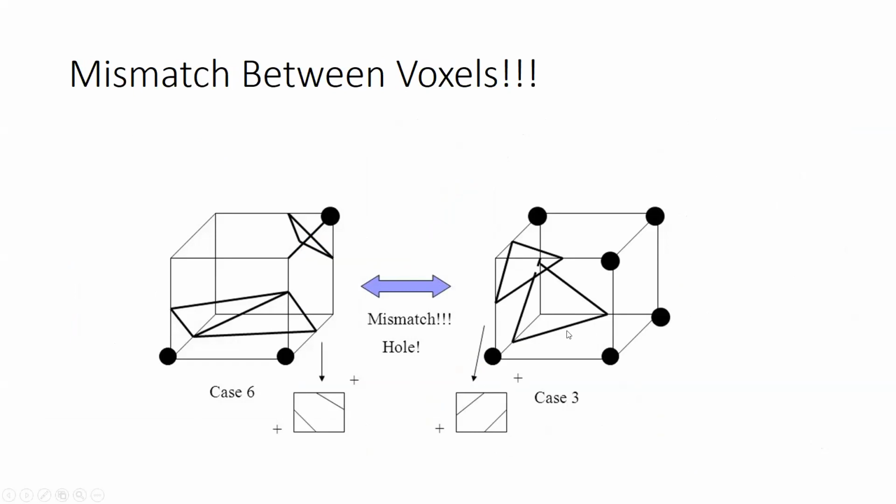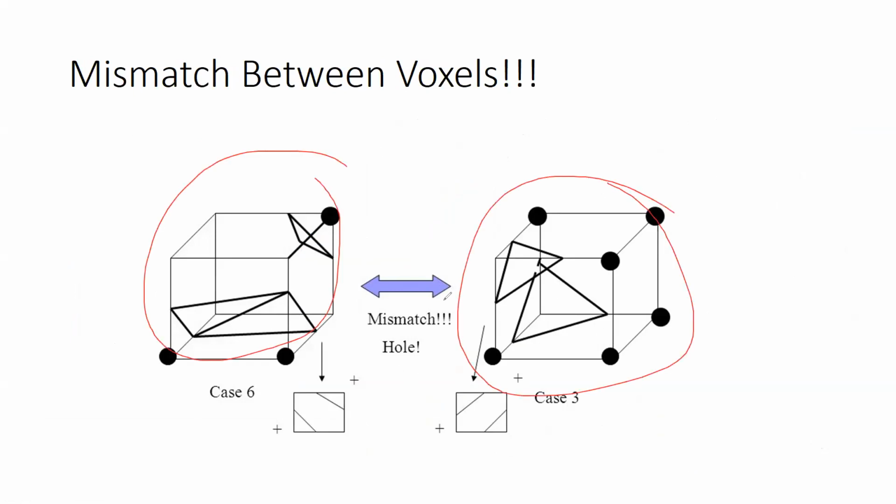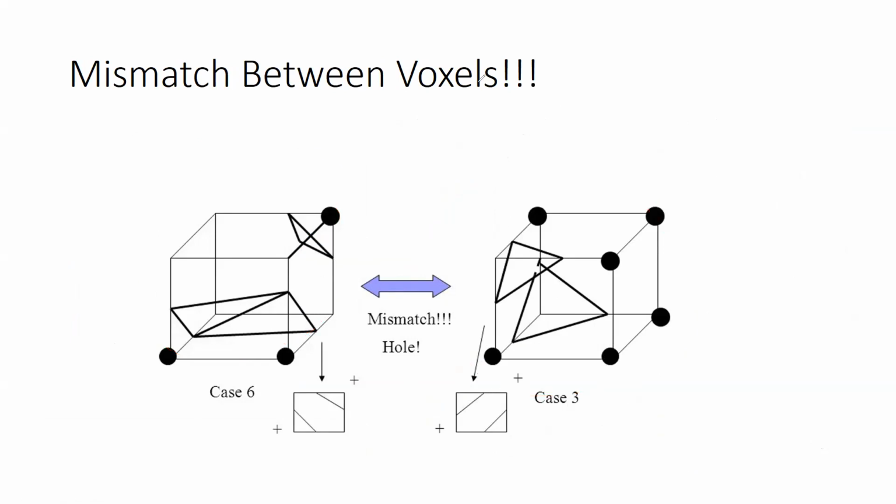So the problem is you have freedom. Then the problem is how do you make the surface agree with each other for each cube? For example, if you have a neighboring cube like this and the other neighboring, they neighbor each other, you need to match the surface here, this one here, okay? And you can see that this example is showing a mismatch because this cross section is like that, and this cross section is like that, and they don't match each other.